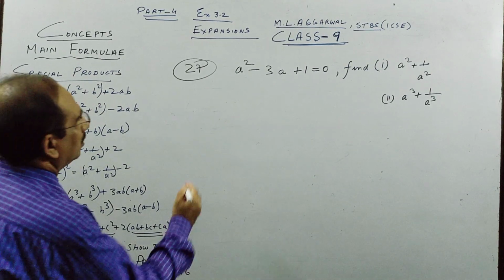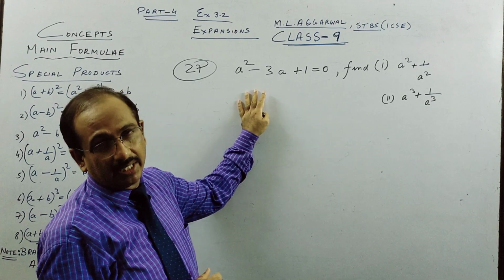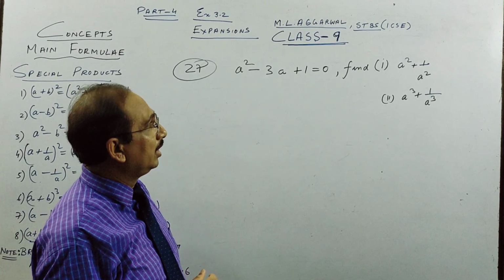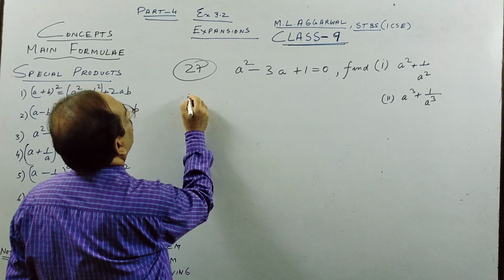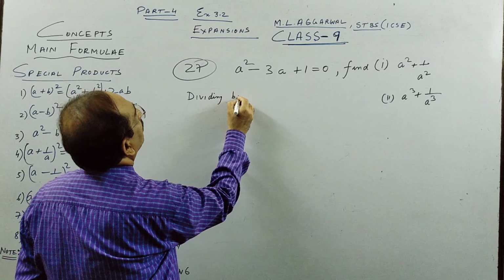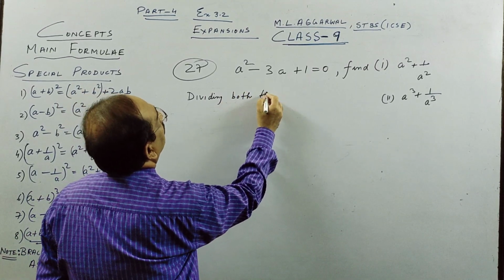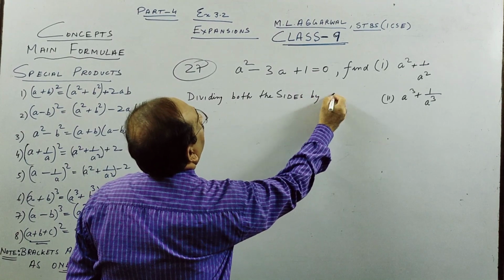Now we start question number 27. This is very important for exam. So you see how we, from this format we go to this. So first you see this is this format. So what you do, dividing both the sides by a.